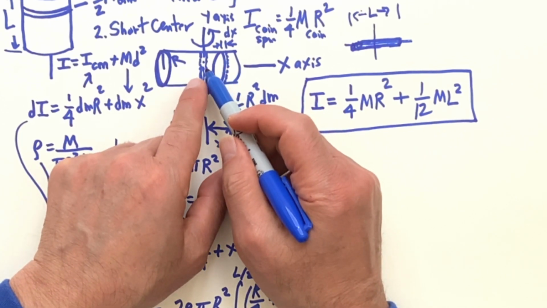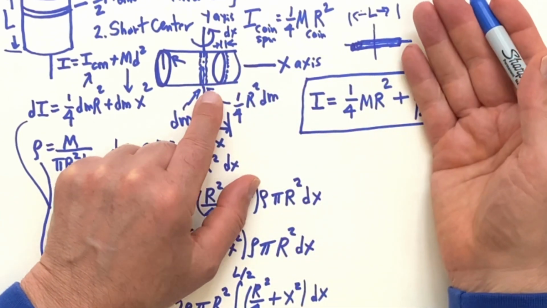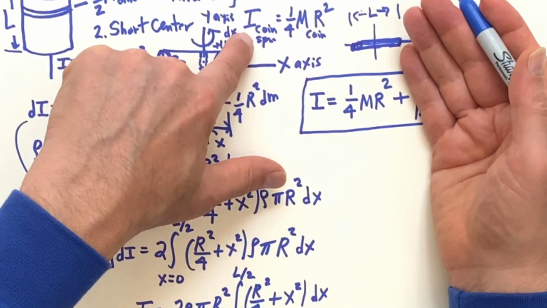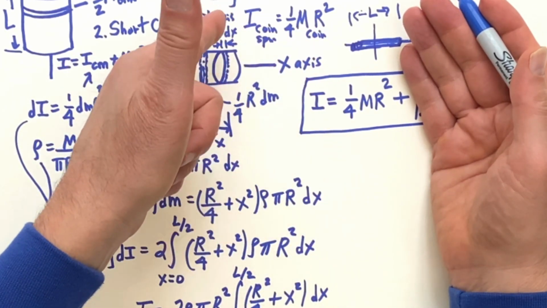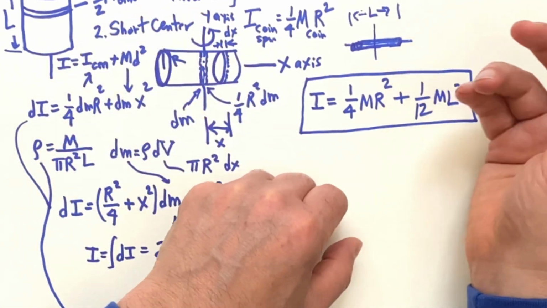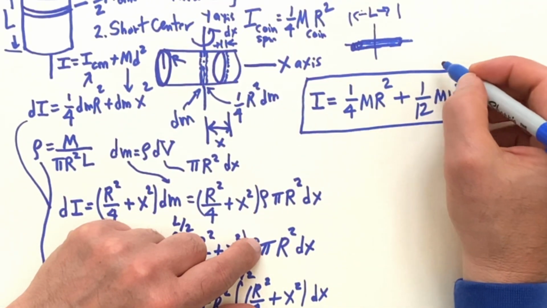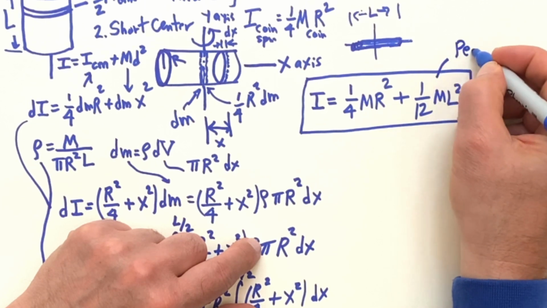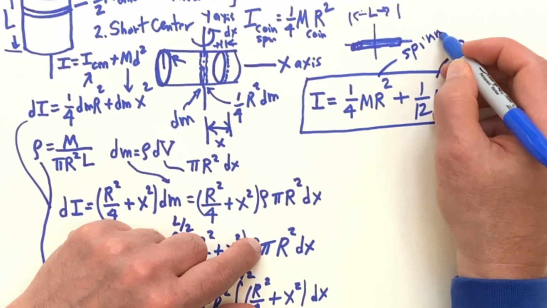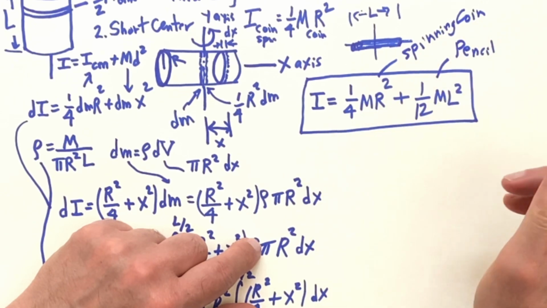Well, if L goes to like 0, then I get the spinning coin, which is the 1/4 MR squared, the coin spin. So I get the coin spin if the L gets very close to 0. And if the R gets very close to 0, I get the pencil. So this is the pencil or the rod, and this is the spinning coin. So I can check the answer easily in this form.